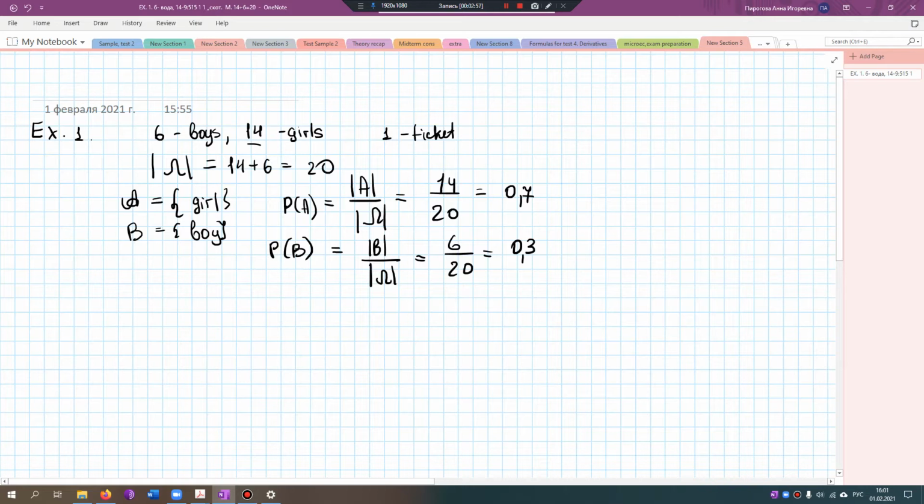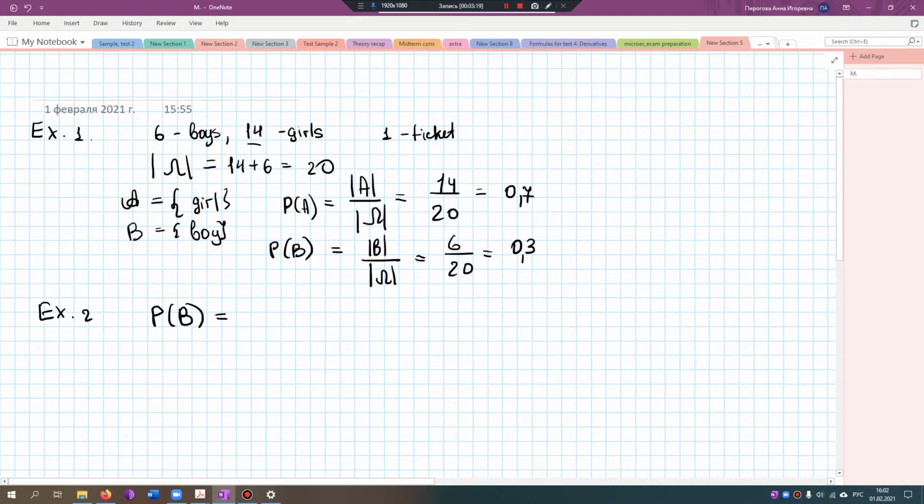So next, let's discuss the exercise in which we will need to use the total probability formula. The total probability formula is the following.